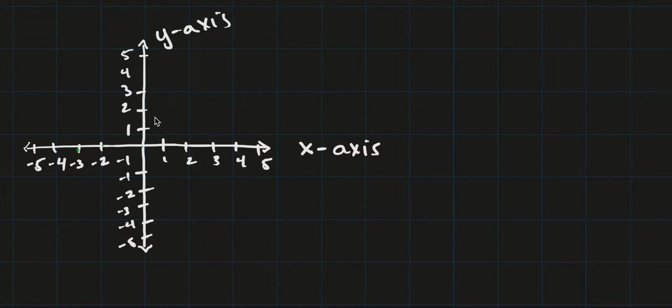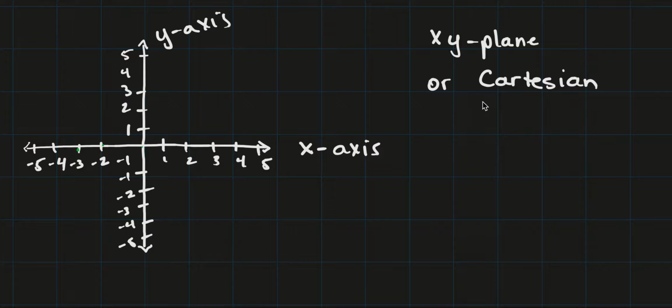And these two lines, you can see they're perpendicular. They make a 90-degree angle. They're called the XY plane. And you might also see this as the Cartesian coordinate system. So you can call these two lines either XY plane or the Cartesian coordinate system.